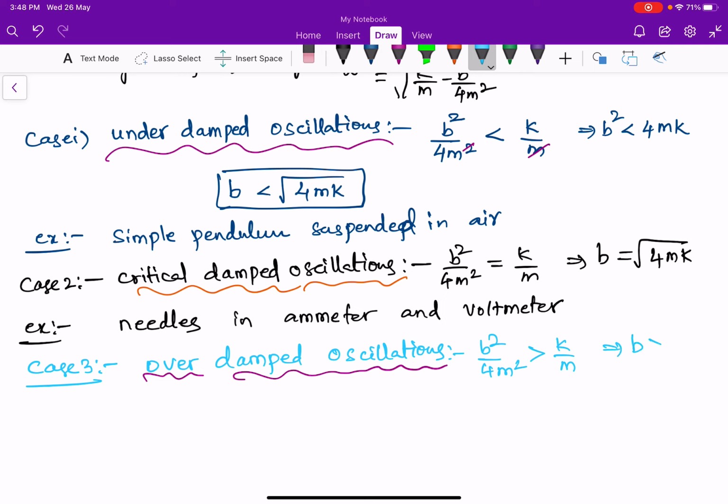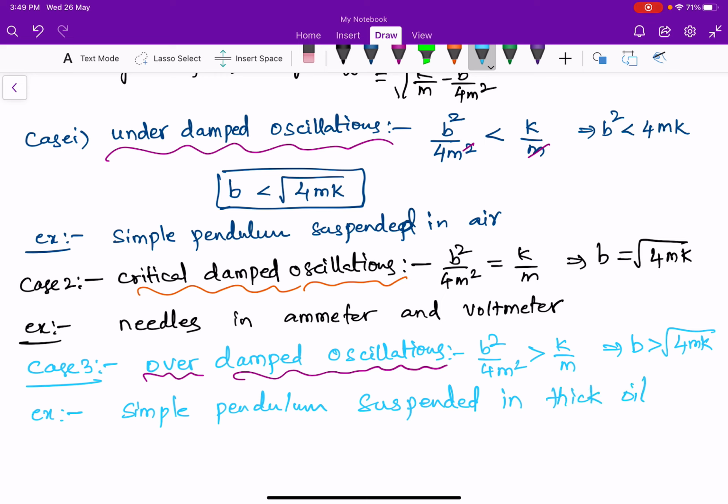That means b is greater than under root of 4mk. The best example for this case is a simple pendulum suspended in thick oil. That is, without any oscillations, the amplitude will become 0. So in this case, strictly there will be no oscillations.